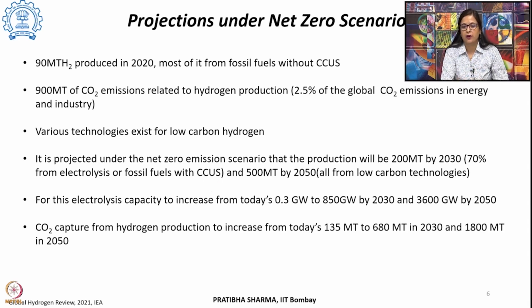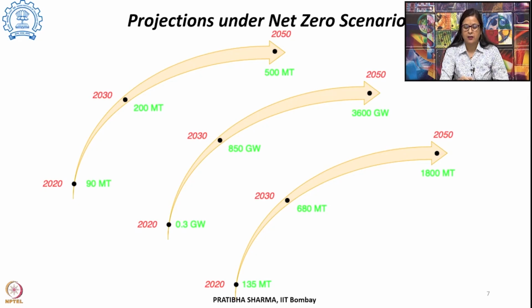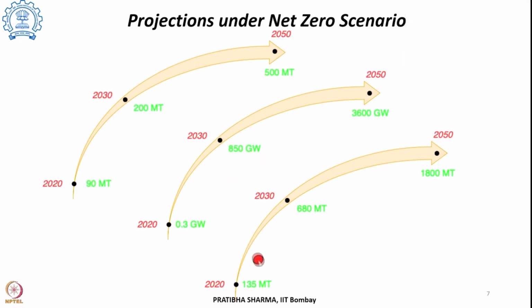Remaining will come from plants which are not integrated with CCUS. By 2050 this number will grow to 500 million tons, and all this 500 million ton is expected to come from low carbon technologies.